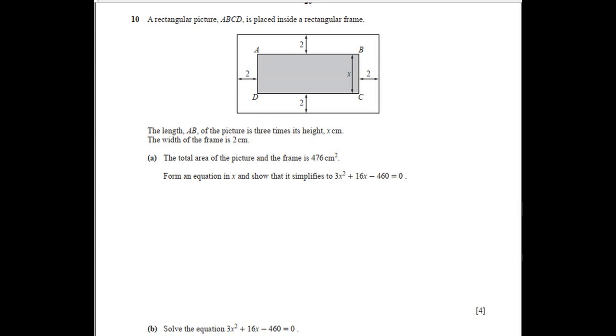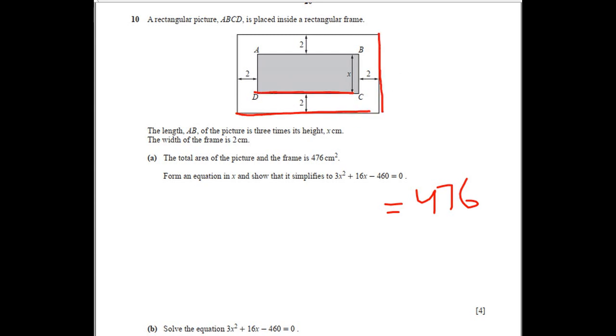Question 10, part A. The total area of the picture and the frame is 476. So the area of this outer rectangle is 476. The formula for area is length times width.